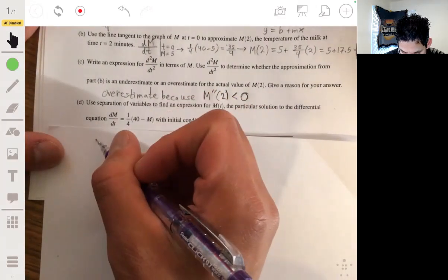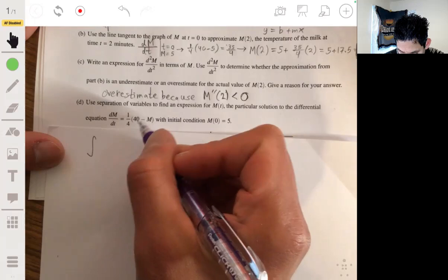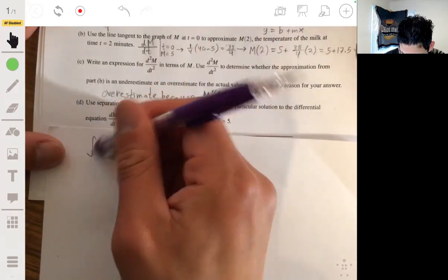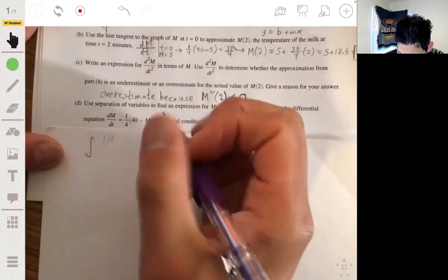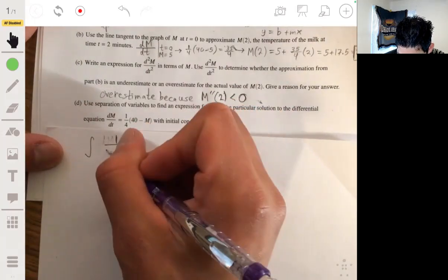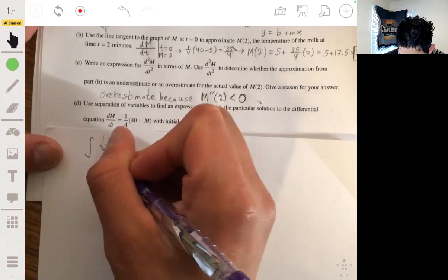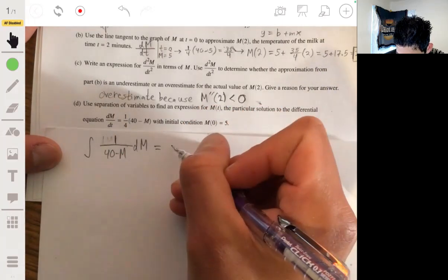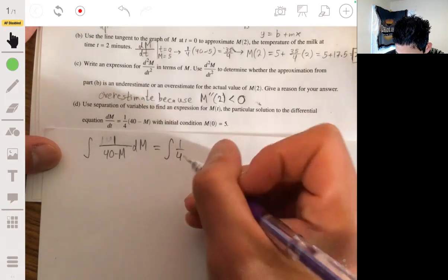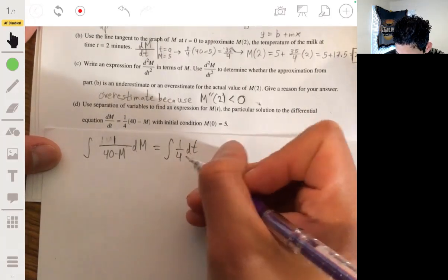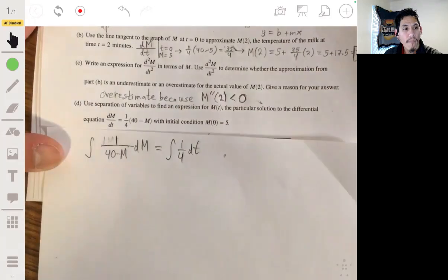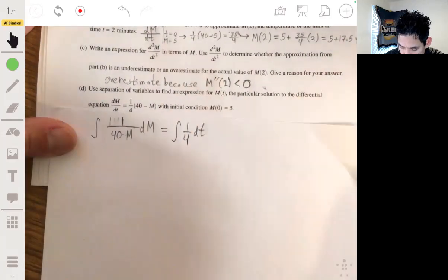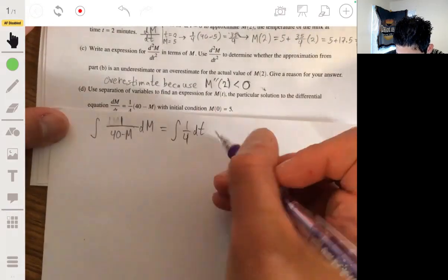Dividing by 40 minus m as a group, we get 1 over (40 minus m) dm equals 1/4 dt.